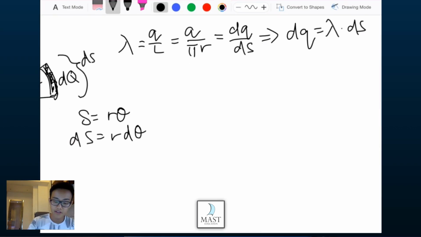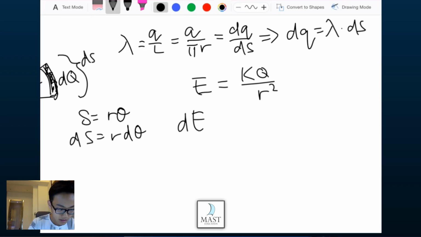All right, so now that we have all of this, we can begin our actual derivation. So as like every other one, we have E equals kq over r squared. And then from there, we can see that dE will equal k dq over r squared.